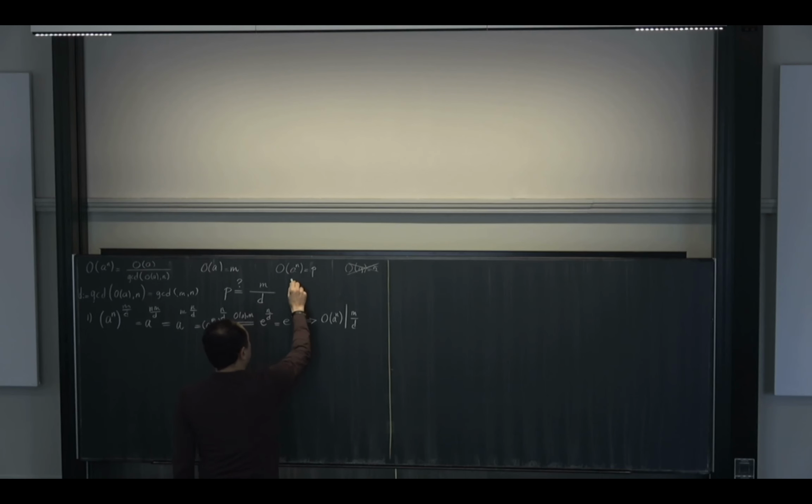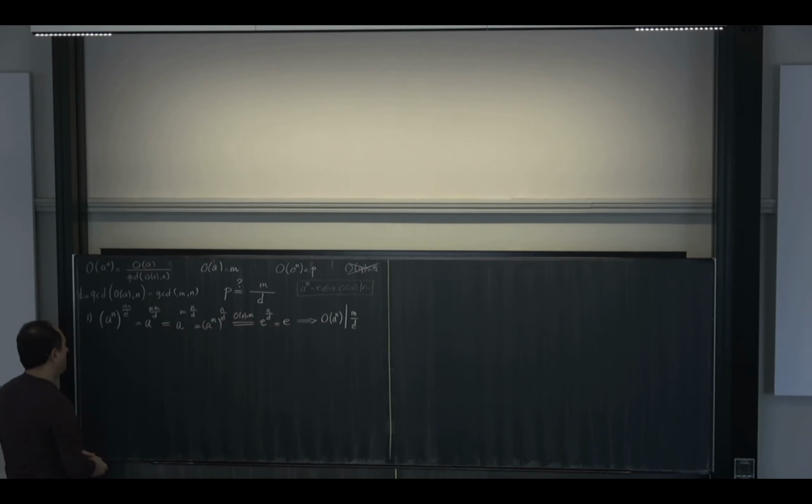So you remember, if we have A to power something is E, what we conclude, I wrote it in a box here for you, is that order of A divides N. And actually they are equivalent.